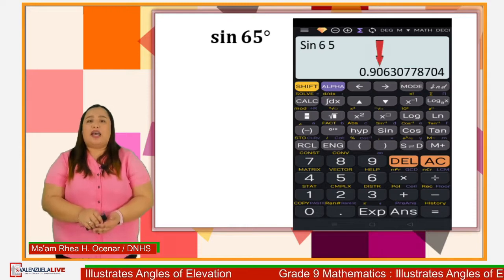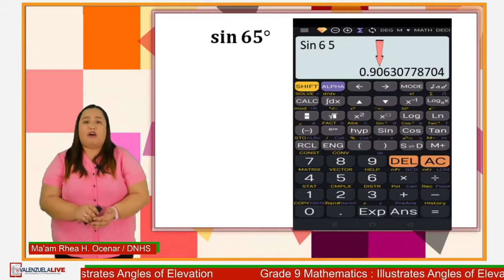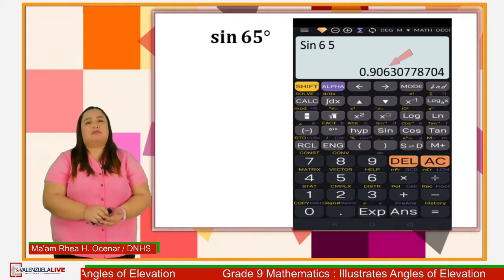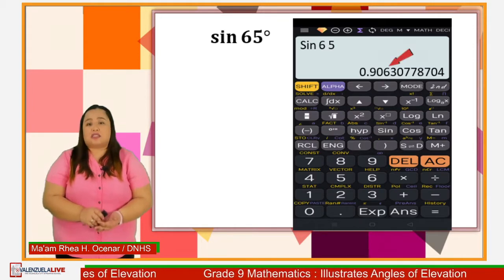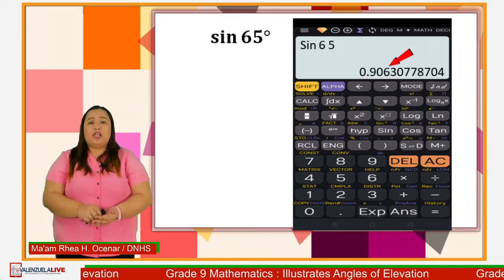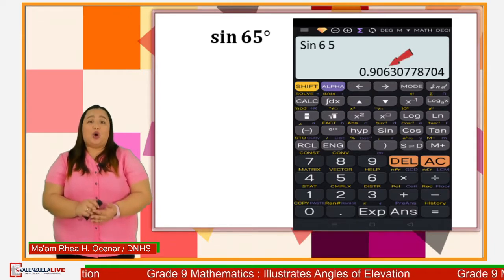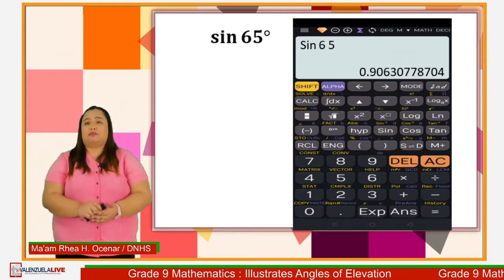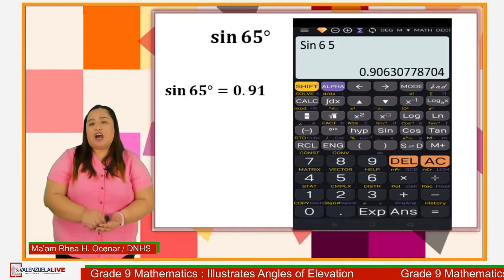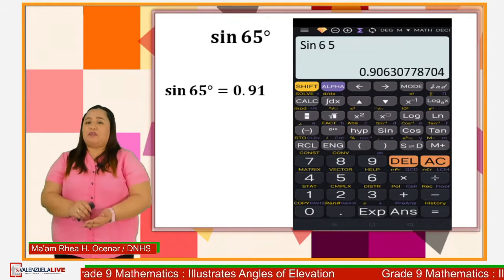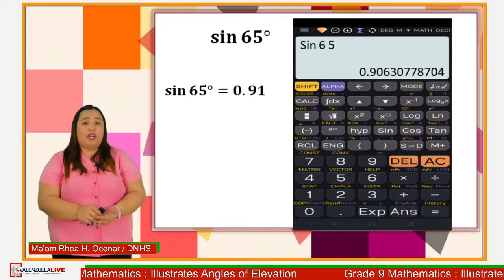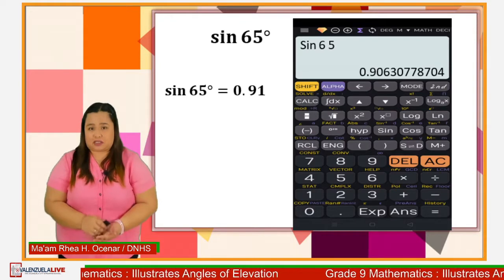Now, look at the number on the right of 0. Since 6 is greater than 5, therefore, we will round up or add 1 to 0. Therefore, the value of sine 65 degree is equal to 0.91 or 91 hundredths.